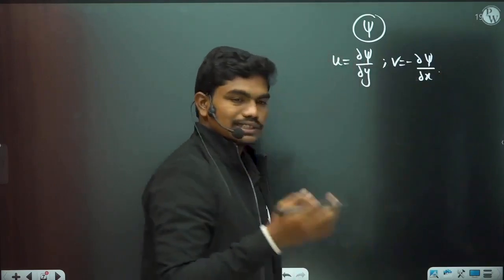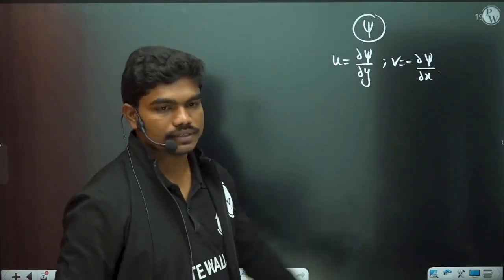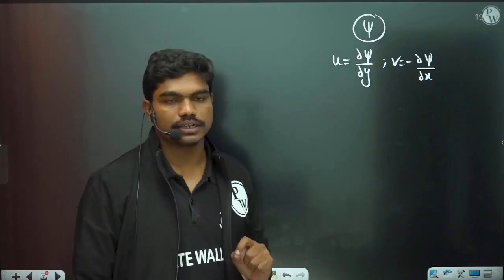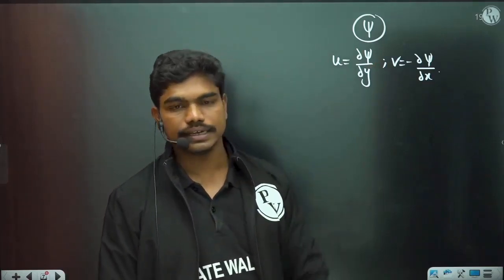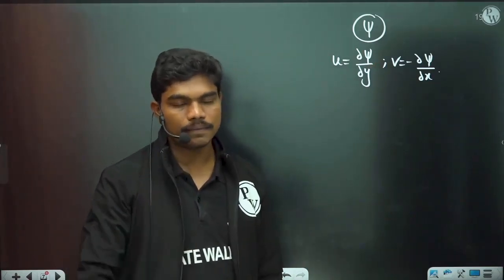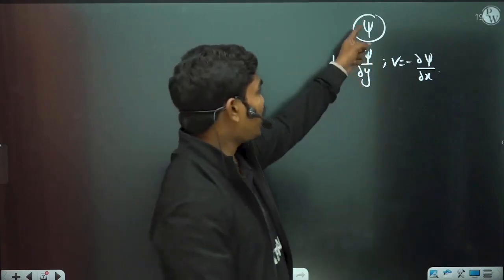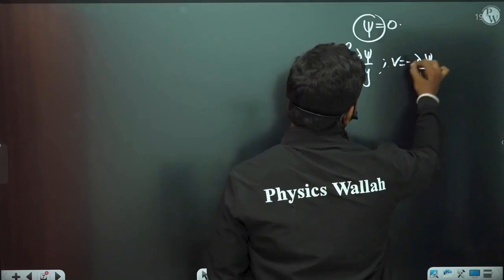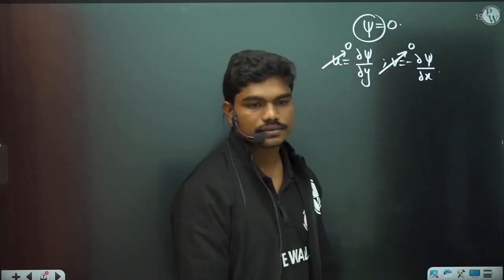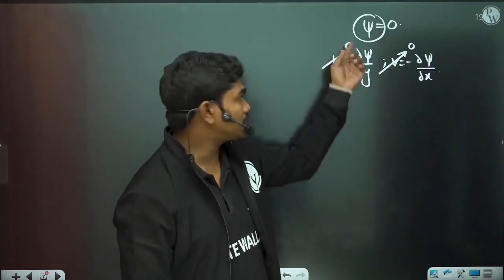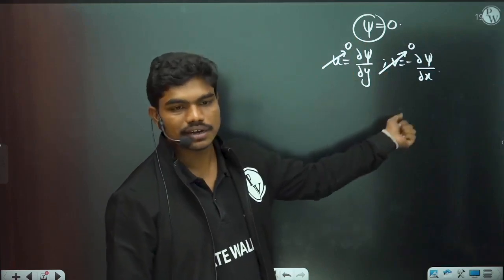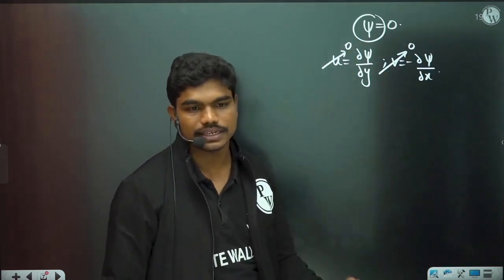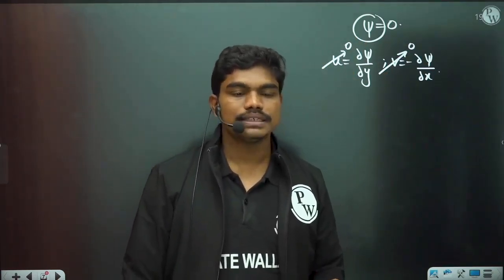Similarly, in polar coordinates you will write expressions for radial velocity and theta velocity, the velocity in the azimuthal direction. Now please tell me one thing, if this value of psi is equal to 0, then definitely u is 0 and v is also 0. Yes or no? Correct? Or in general, if psi is 0, then ur is 0 and u theta is also 0 actually. Yes, please type in the chat box.